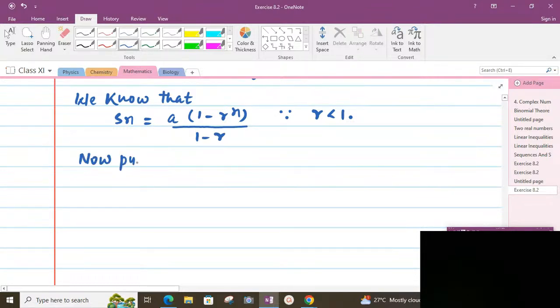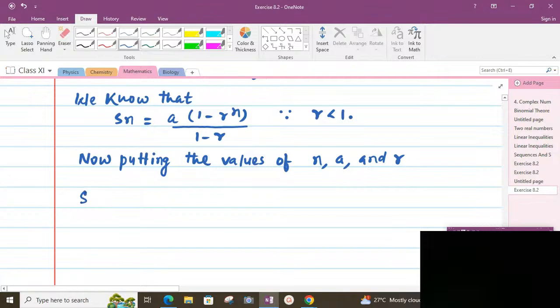So now putting the values of n, a and r.